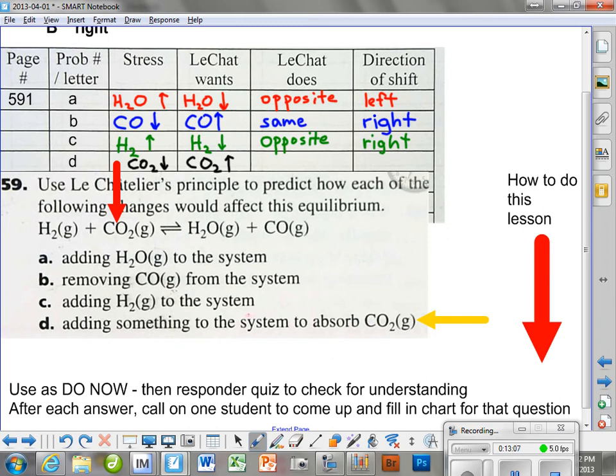Now to increase the amount of CO2, we have to go to the same side as the CO2 is on. Since CO2 is on the left, same now has the meaning of left, and that will be the shift that Le Chat wants to do, or will do, to try to restore CO2 to its original concentration.